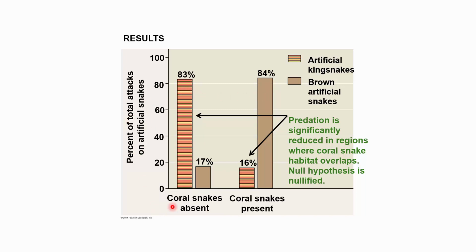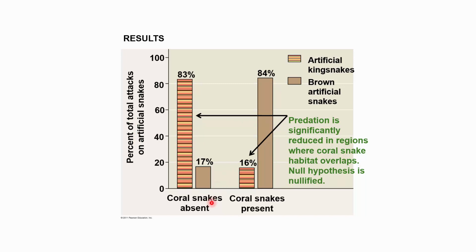We have the independent variable on the x-axis of this graph, the dependent variable on the y-axis of the graph. The dependent variable is, in this case, measured in percent, and that's really nicely labeled here. And then these bars represent the percent predation on the two types of snakes.